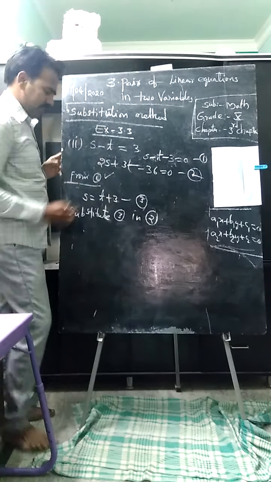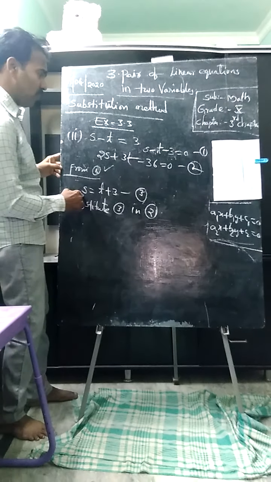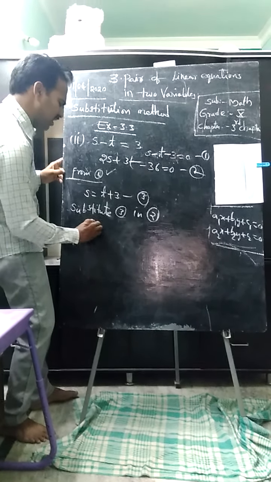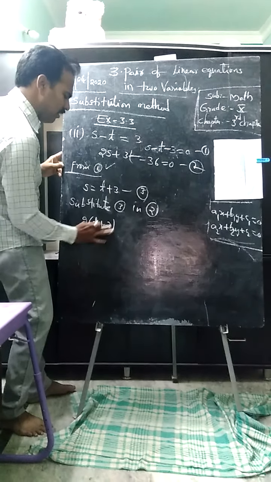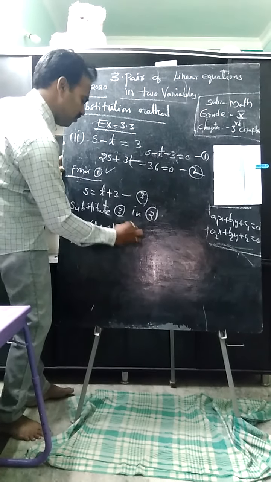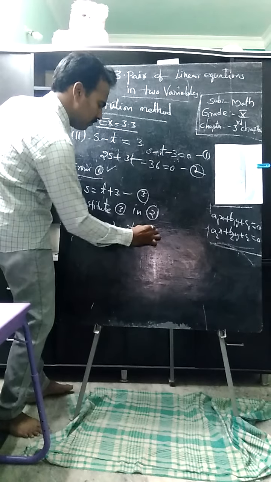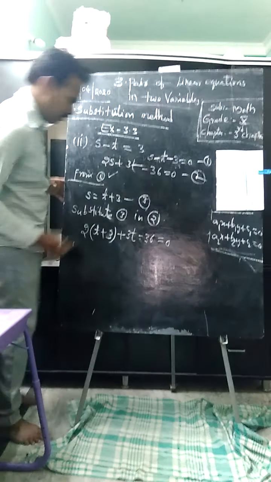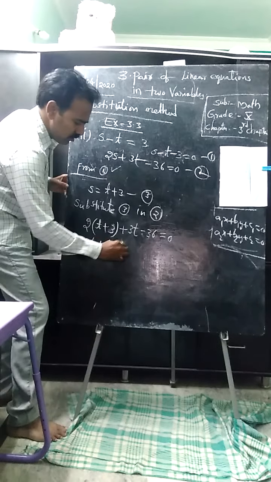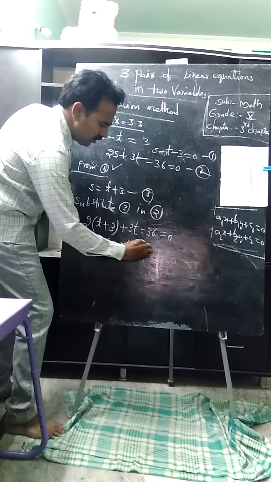So now after that, what is the s value here? Wherever we have s, substitute, students, and we will get one variable. It becomes one variable. So 2t plus 6 plus 3t equal to 36.